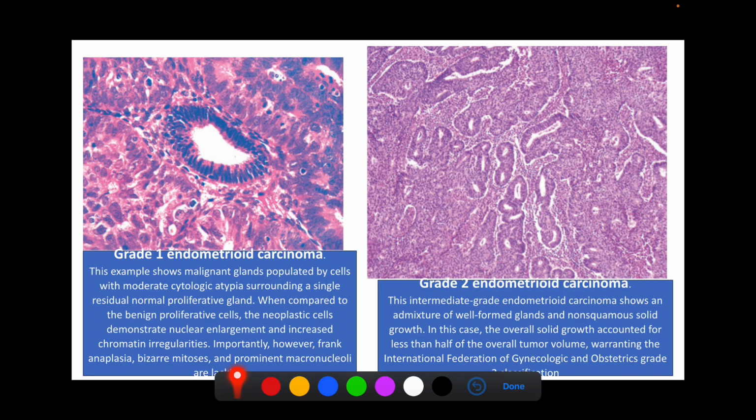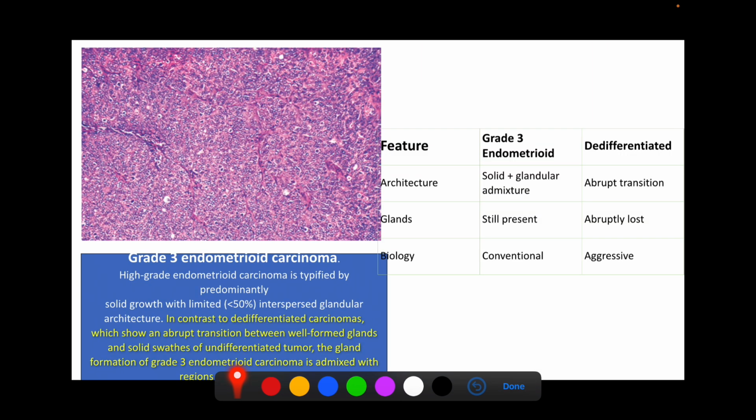Grade 2 endometrioid carcinoma shows a solid component here. If the whole tumor contains less than 50% solid tumor mass, then it is grade 2. So here we can appreciate well formed glands are present, but some portion shows a solid pattern, so it is grade 2.